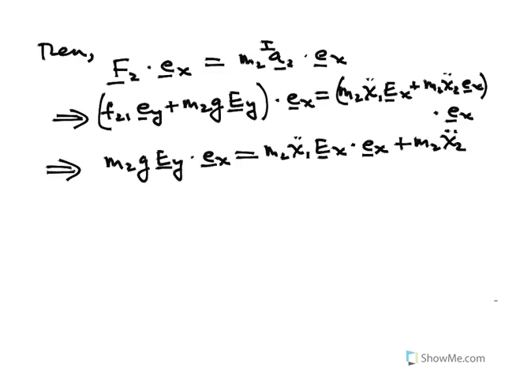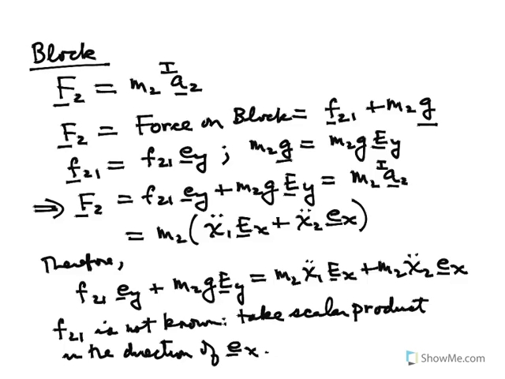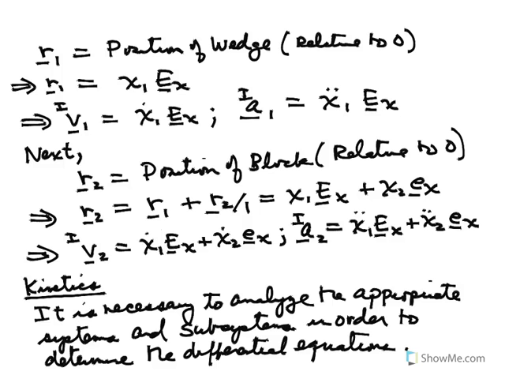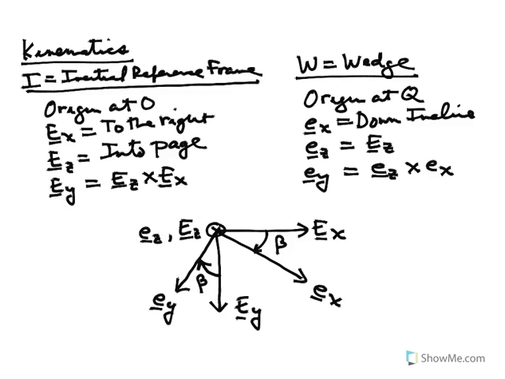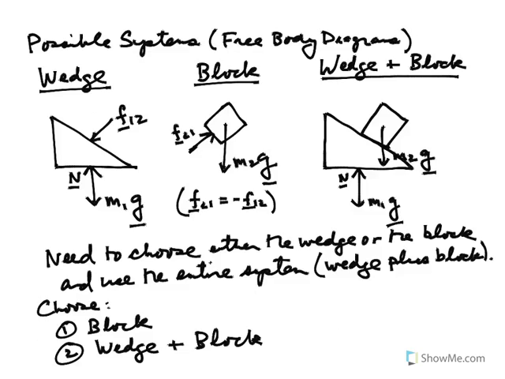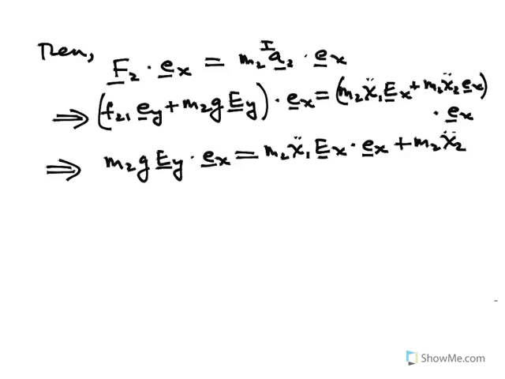Now you can actually see here that when we do this, we can now go back and we can figure out what big EX is relative to little ex. So you can see that EX is equal to cosine beta times little ex minus the sine beta times little ey. So let's write that down. EX is equal to cosine of beta times little ex minus the sine of beta times little ey.